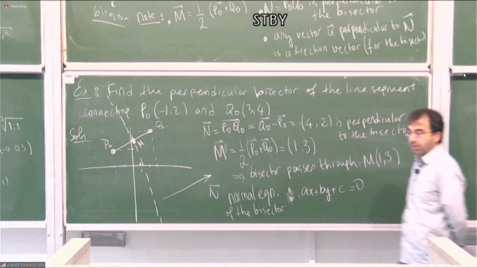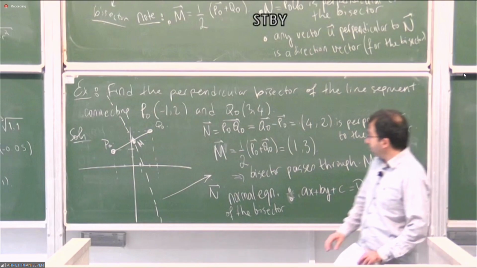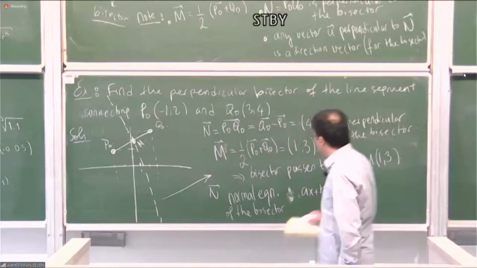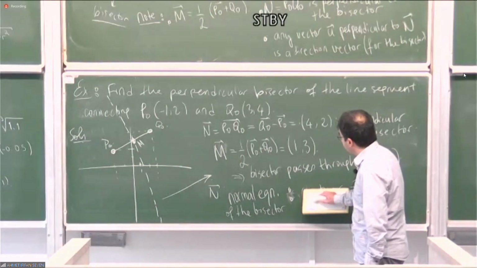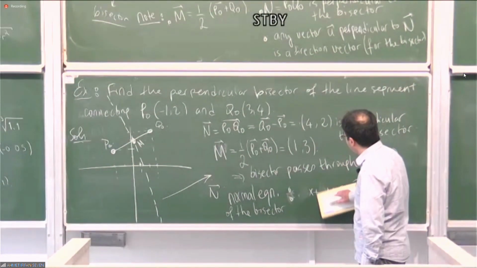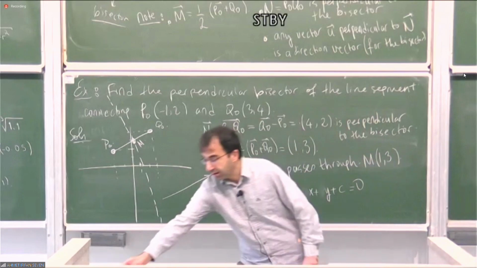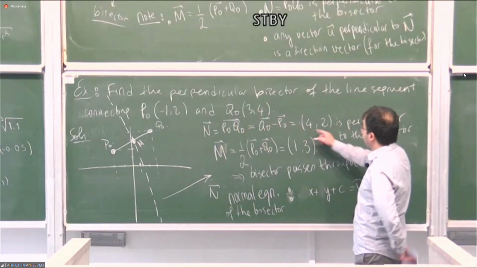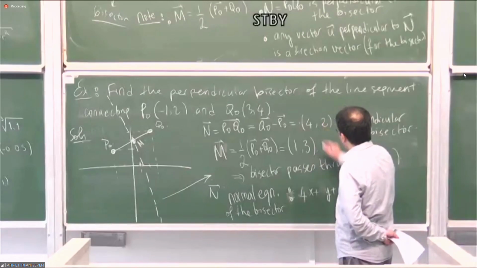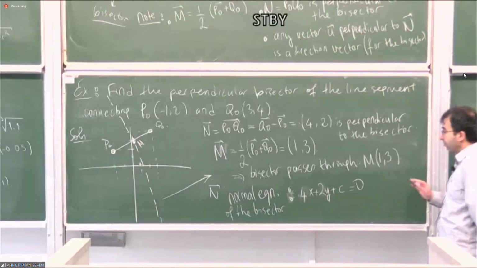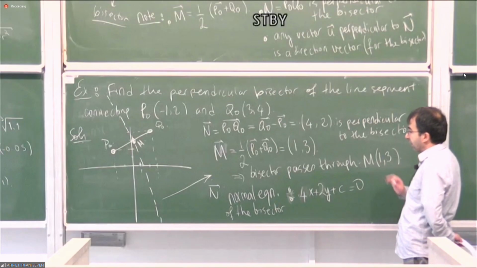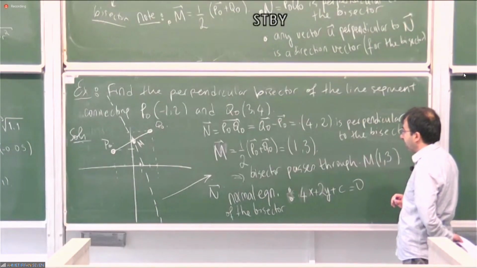What will be A, B, and C? So A and B will be the components of the normal vector. So the normal vector gives 4x plus 2y plus C, which I don't know for the moment, equal to 0. But I know that the equation will be like that.